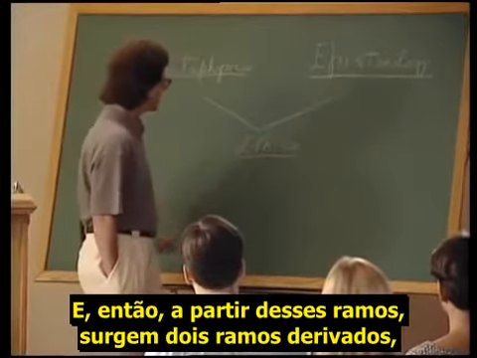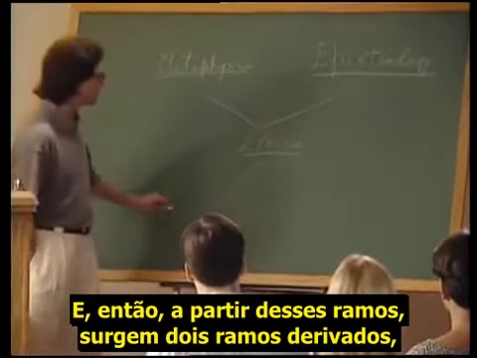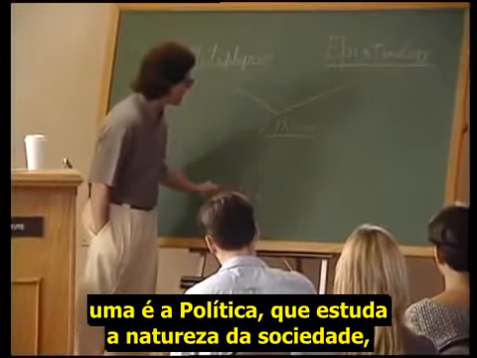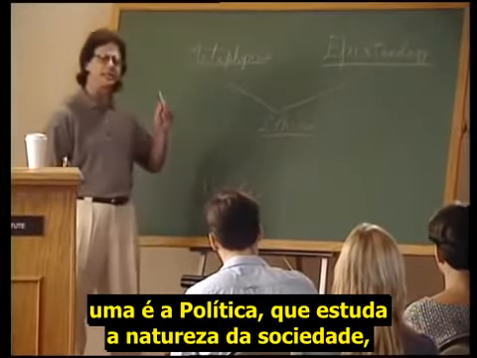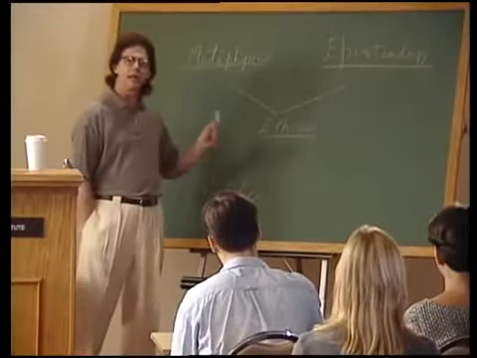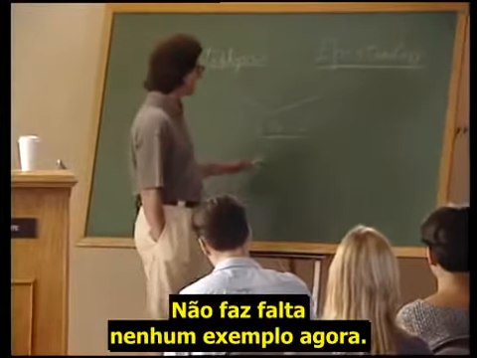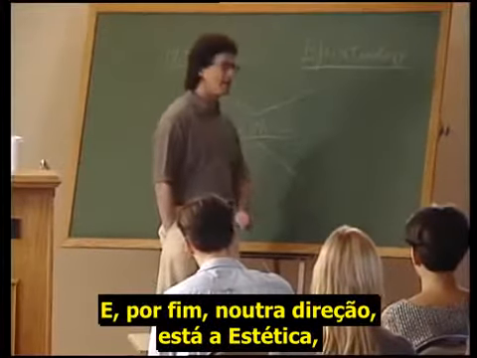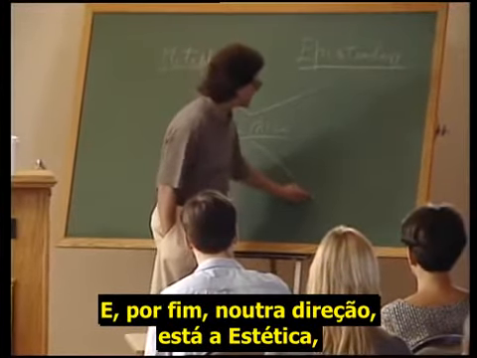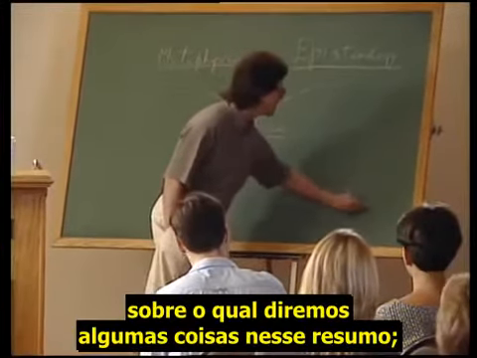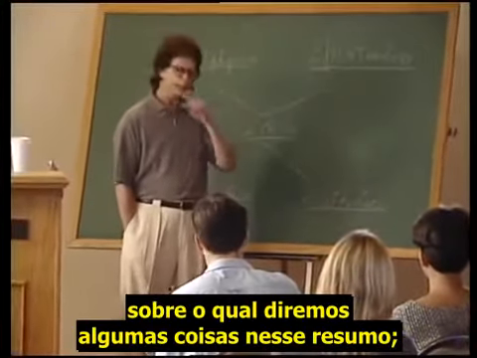And then in turn out of there comes 2 derivative branches. One is politics, which is the branch which studies the nature of society and the proper role of government. And I don't think you need an example of that right now. And then coming off in another direction is aesthetics, about which you're going to say only a sentence or so in this brief overview.